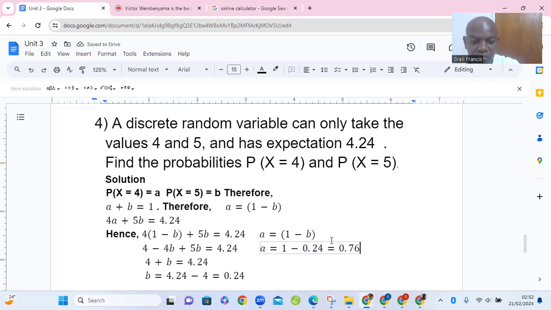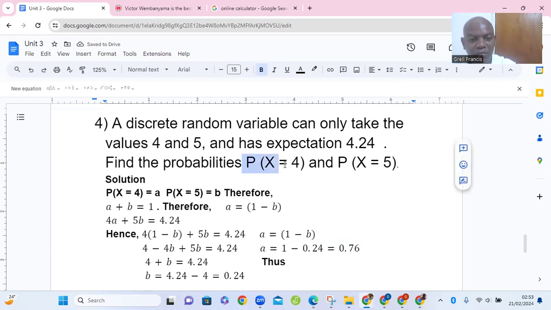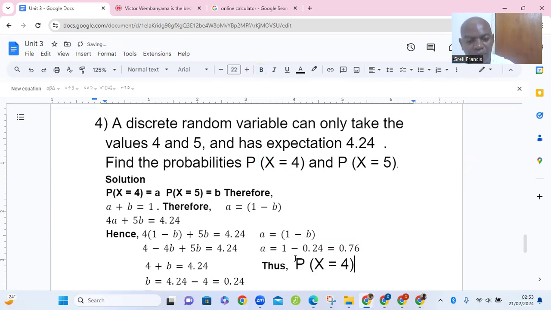So therefore, thus, P of X equal 4, which is A, is equal to 0.76.